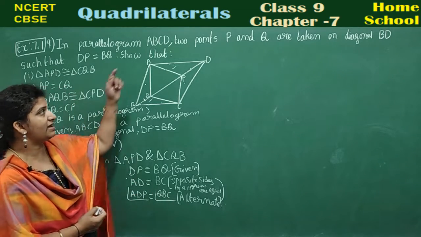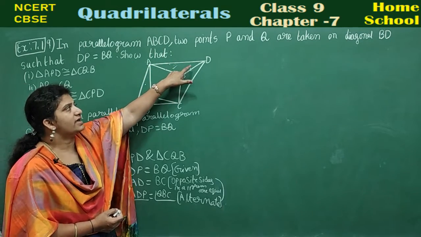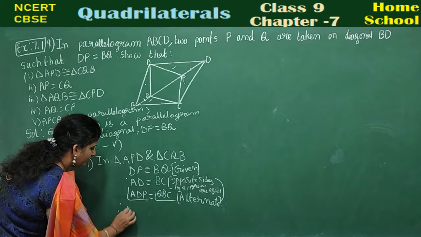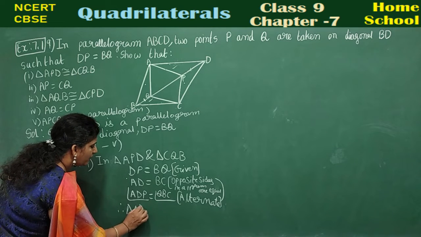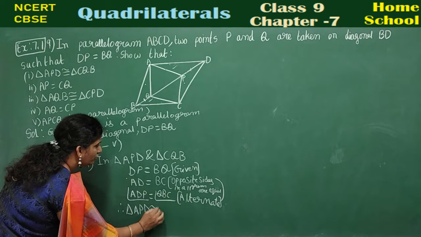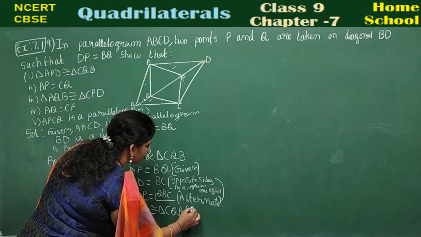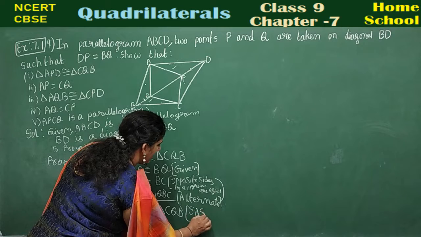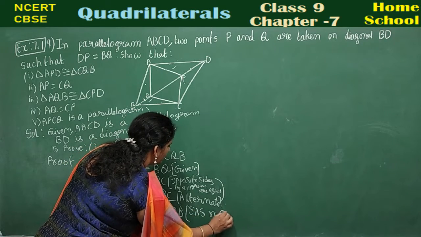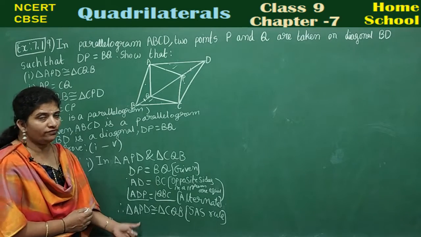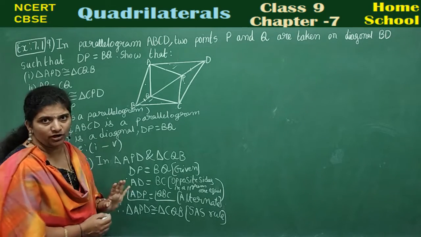Therefore, by the SAS congruency rule, I say that triangle APD is congruent to triangle CQB. Which rule, children? SAS congruency rule. These two triangles are congruent. Hence it is proved. The first proof is proved already.